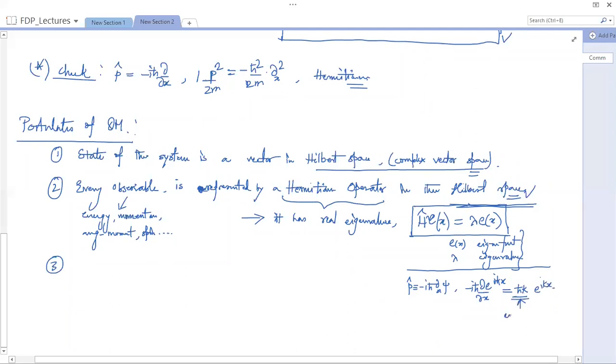So h bar k is an eigenvalue, and e to the power i kx is an eigenfunction of this operator. There are many technical things, like this is not normalizable, so you have to change the definition a little bit, but this is the idea.